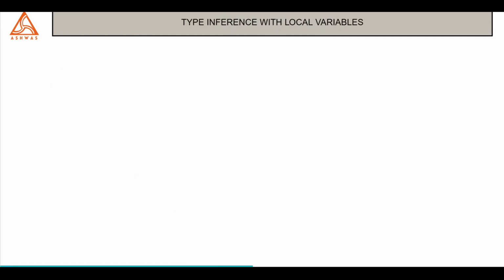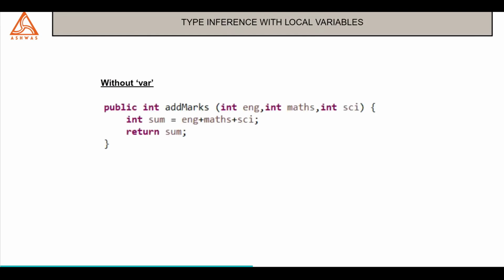Java introduced an important concept of type inference specifically for local variables. Let's take an example to understand this. In front of you, you have a small business method. In this business method, I'm returning the value int. This is the name of the method, add marks, and this method takes three parameters of the data type int.